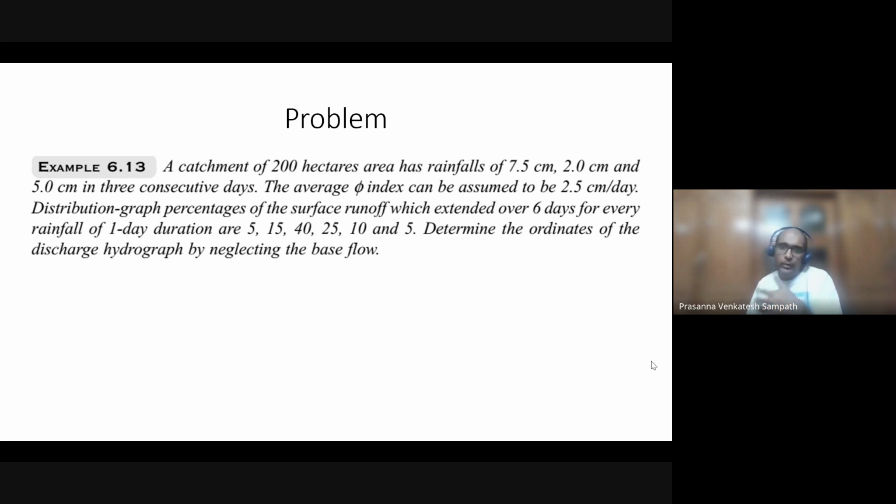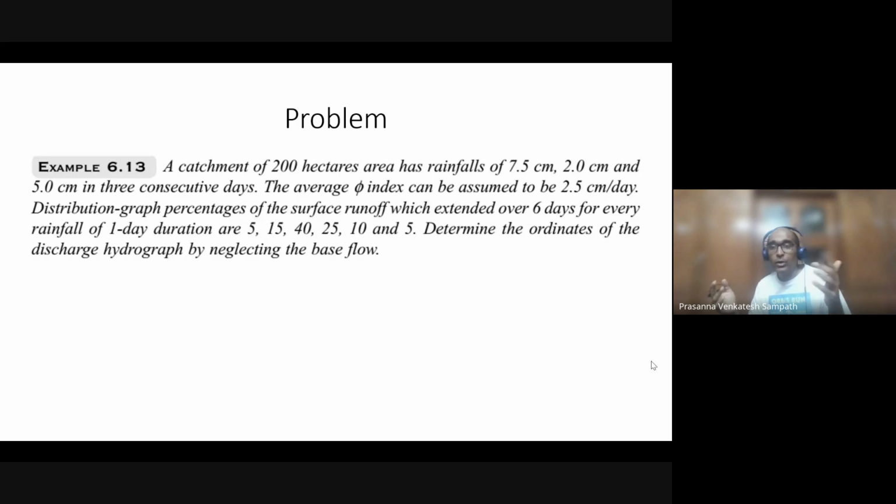Okay, so in 1 day, 2.5 centimeters of infiltration will happen, right? I get 7.5 centimeters of rainfall. Out of that, 2.5 becomes my infiltration. So the effective rainfall or the excess rainfall or the runoff, all these things mean the same, right? Will be 5 centimeters. That's it.